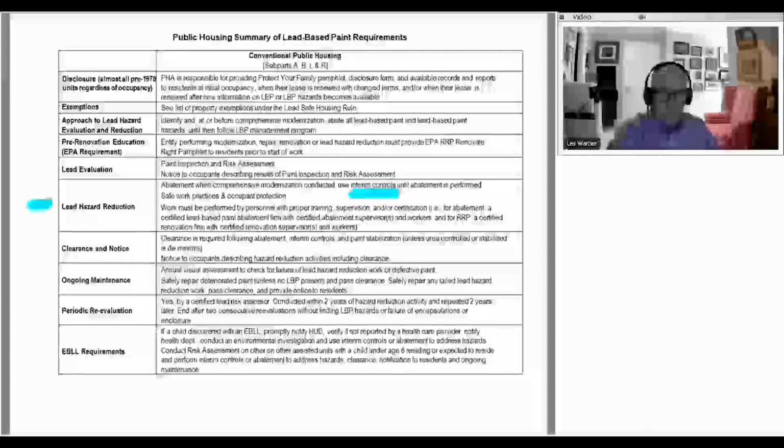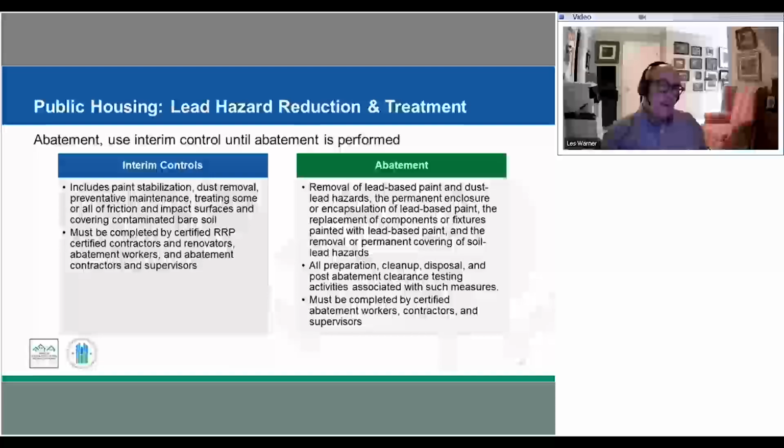So when we don't have the funds available to do that full abatement, we would be doing interim controls: stabilizing paint surfaces, cleaning, removing any dust, ongoing preventative maintenance, treating friction surfaces and impact surfaces, and covering bare soil so that we're protecting children in play areas.